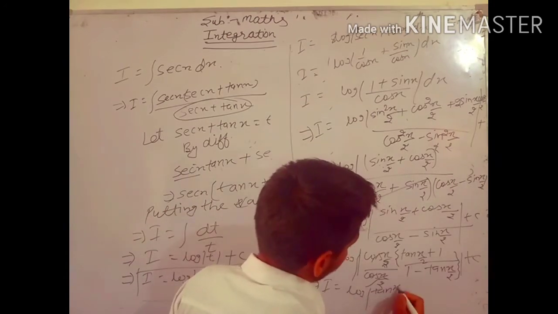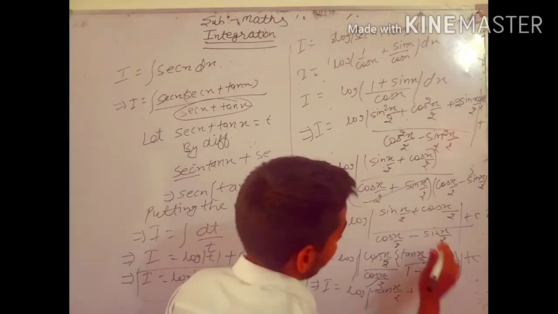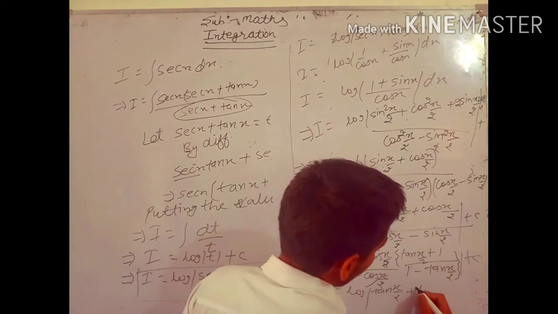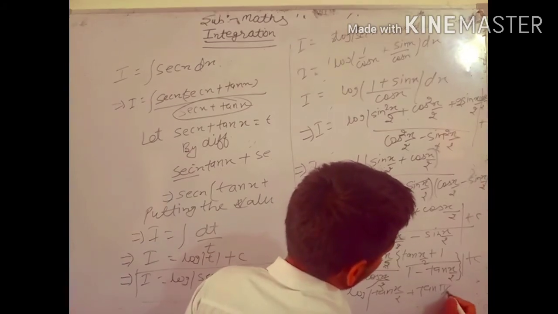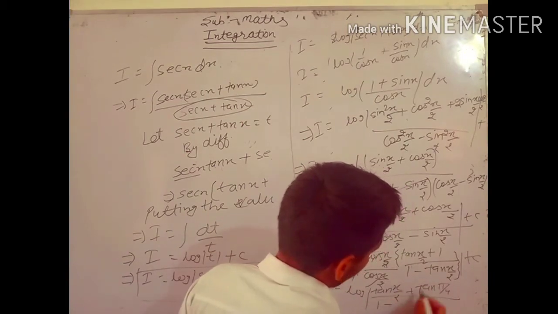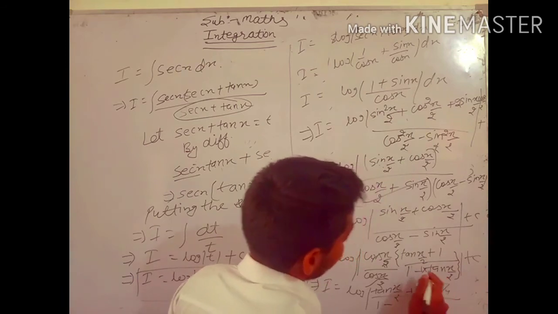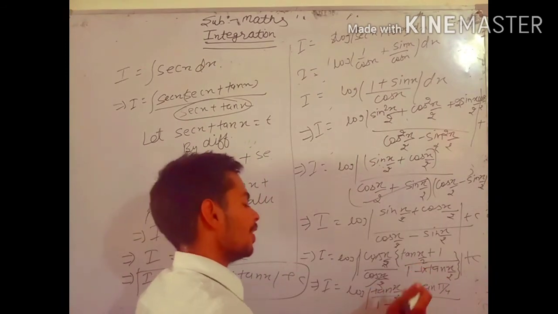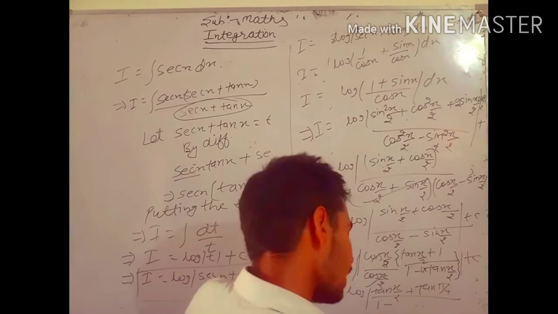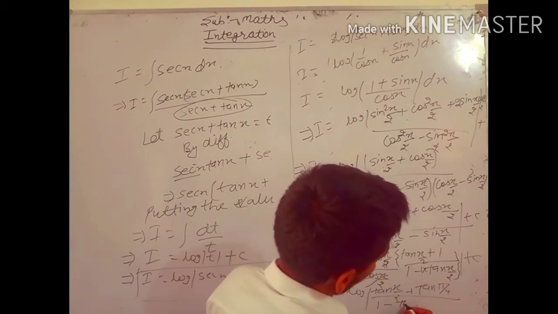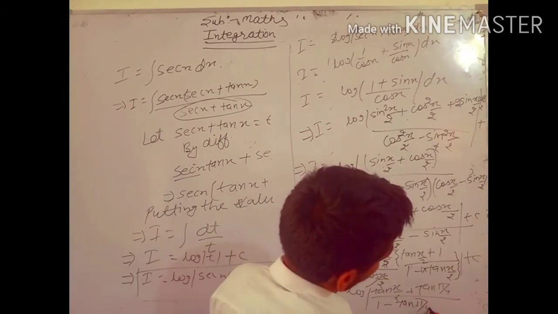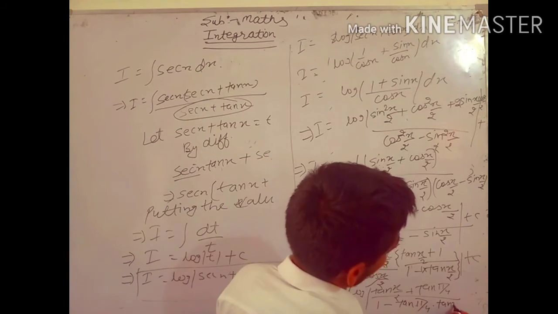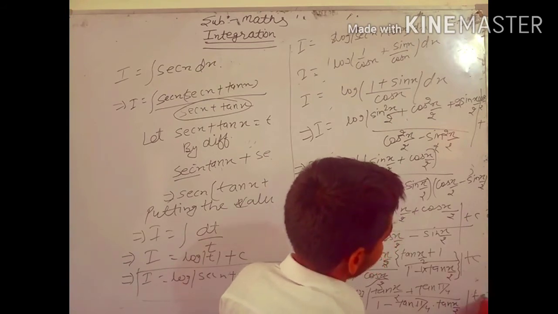Cos x by 2 is cancelled, so I is equal to log tan x by 2 plus, we can write 1 is equal to tan pi by 4, upon 1 minus, tan pi by 4 into tan x by 2, plus c.